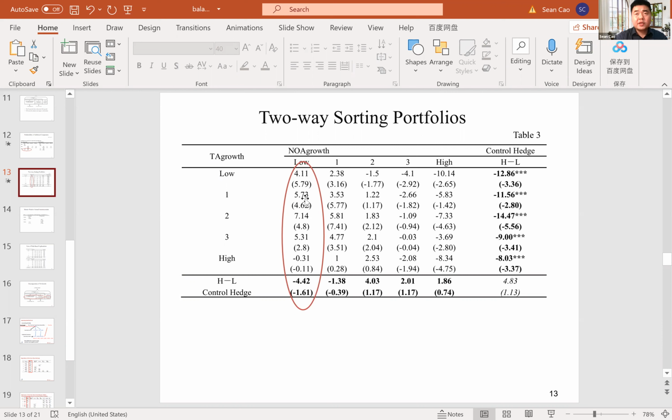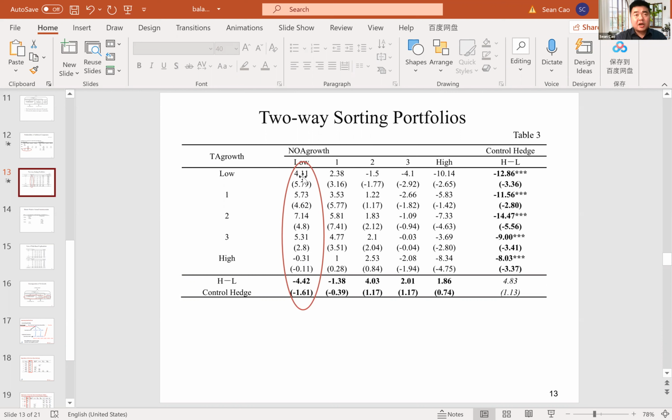This is a quintile sorting, and you also sort the stocks based on total asset growth. This is quintile sorting too. Each cell here represents all the stocks under the low NOA growth and the low total asset growth. So each cell is the stocks that fall into that category of NOA growth and total asset growth.